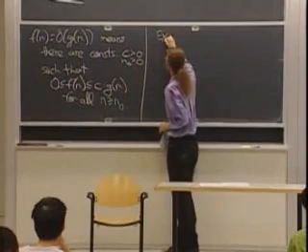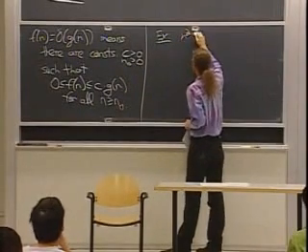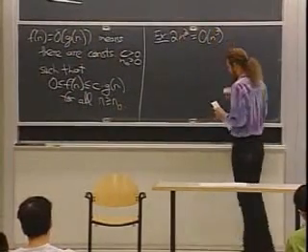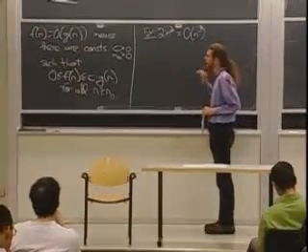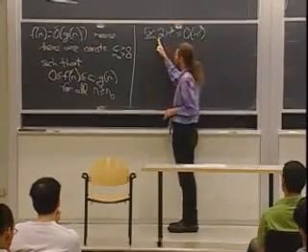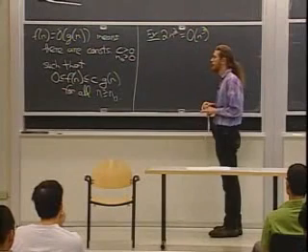We've seen a bunch of examples, but something like 2 times n squared is big O of n cubed. That'd be fine. Roughly this means if you drop leading constants and lower order terms, then this is less than or equal to that. So big O corresponds roughly to less than or equal to.